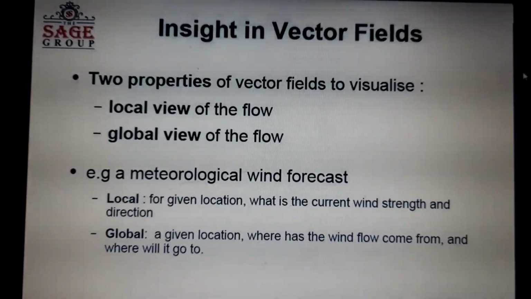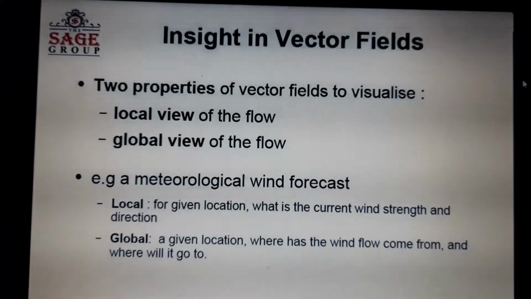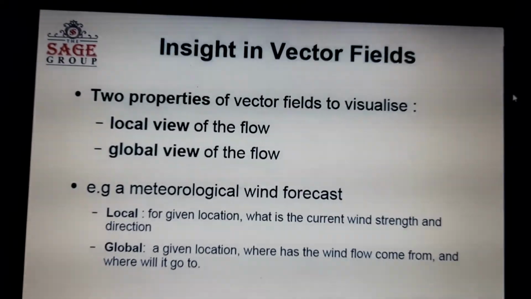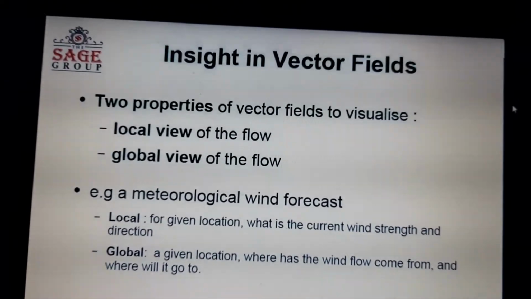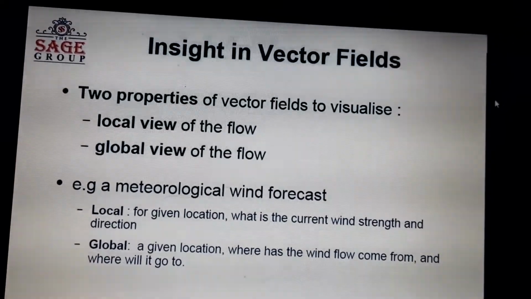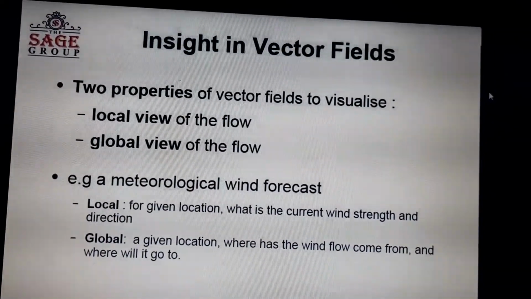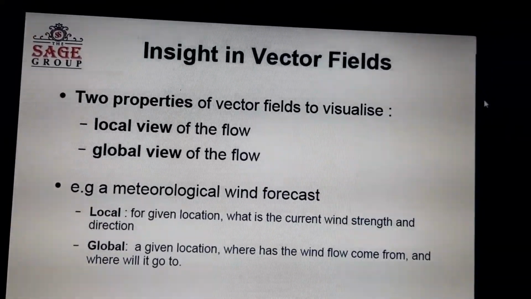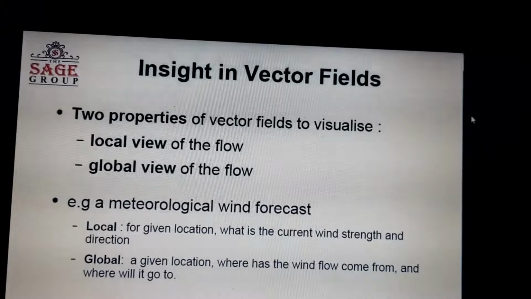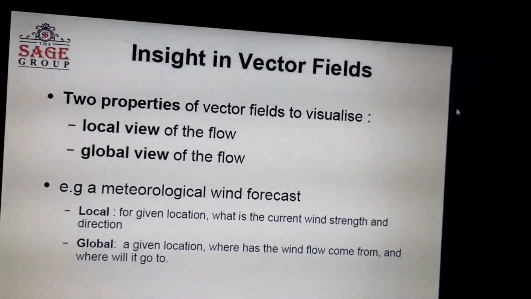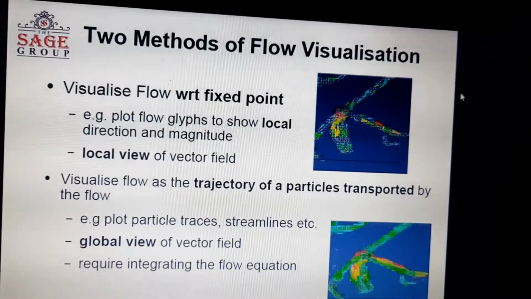For local view, only the object under consideration will be displayed, and in global view all the nearby calculations will be done, and then the visualization will be done. Okay, so these are two methods, global view and local view, for visualization.